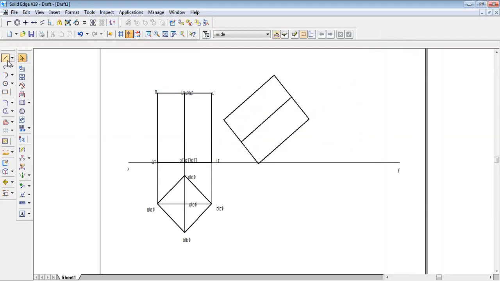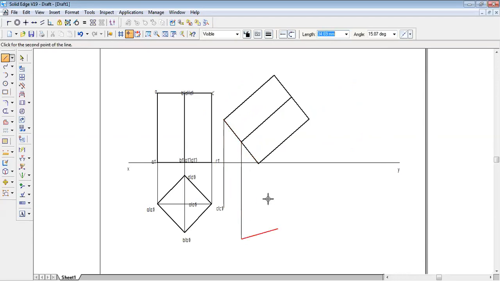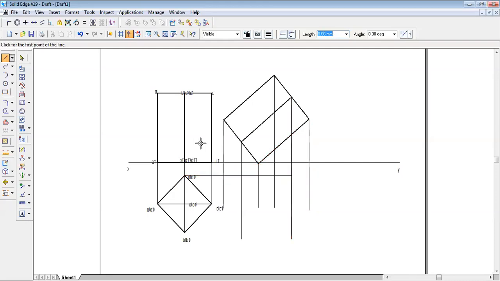Okay. Then afterwards, draw the projection lines. Projection lines thickness should be 0.13. Draw the projection lines like this. Okay, naming to all the naming here also.